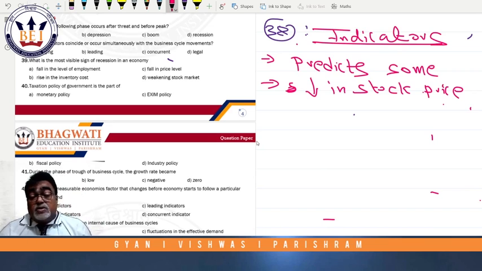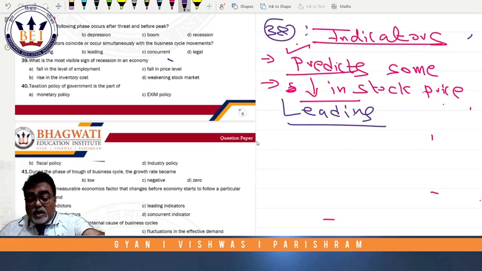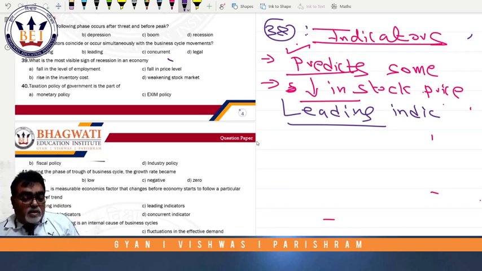Why I'm saying this is so they can understand. The indicator which predicts something is called a leading indicator. Careful, listen, I'm not talking about the answer. Leading indicator. So it predicts that stock price is decreasing, and obviously GDP should decrease.